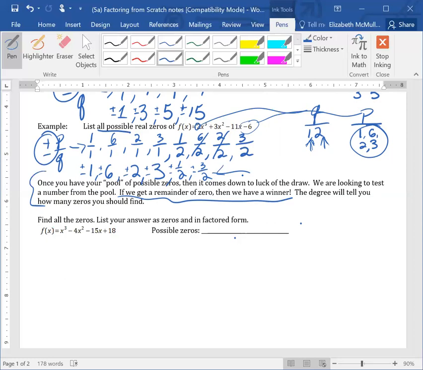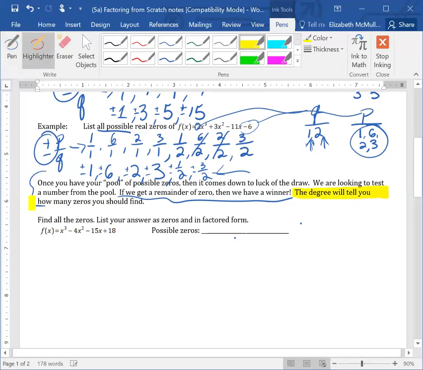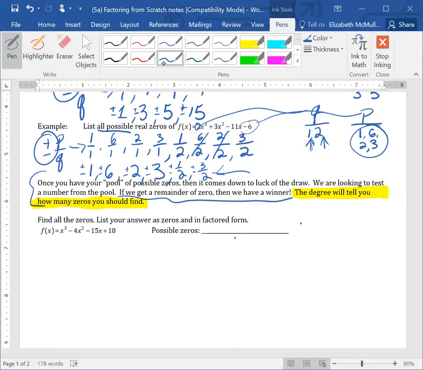I want you all to notice this sentence right here. The degree will tell you how many zeros you should find. We touched on this very briefly in a previous lesson in the factoring unit, but now is where it becomes important. The degree means the exponent on the largest x. If we're looking at this one, this is an x cubed, so that's a third degree.